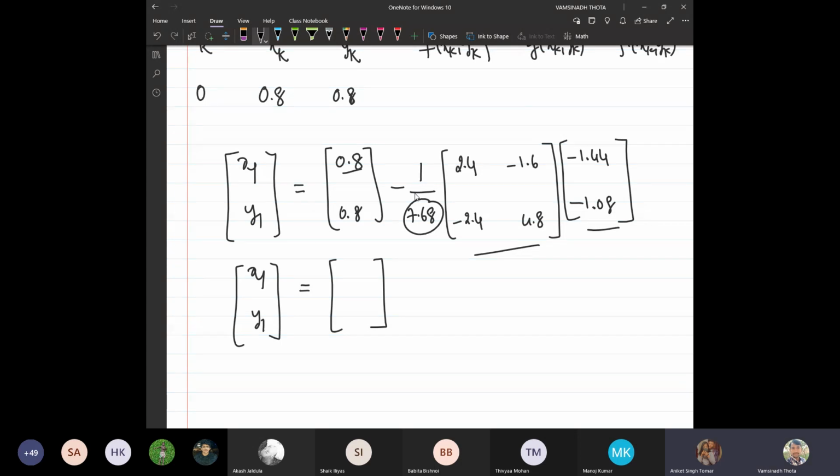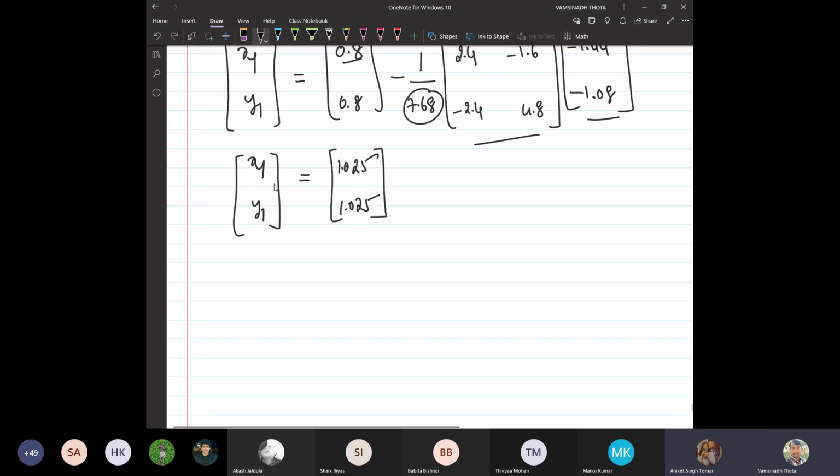Anyway, I will give the value here. If you simplify the right hand side expression, you will get 1.025 and 1.025.